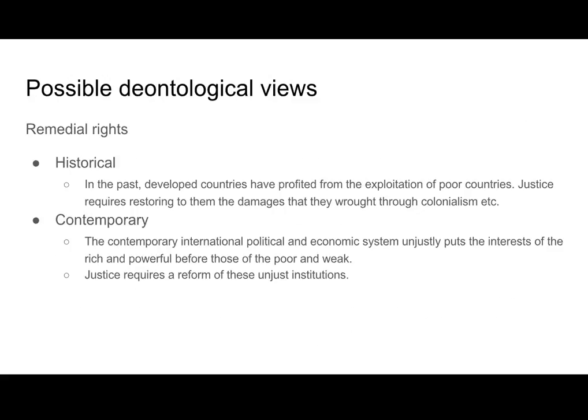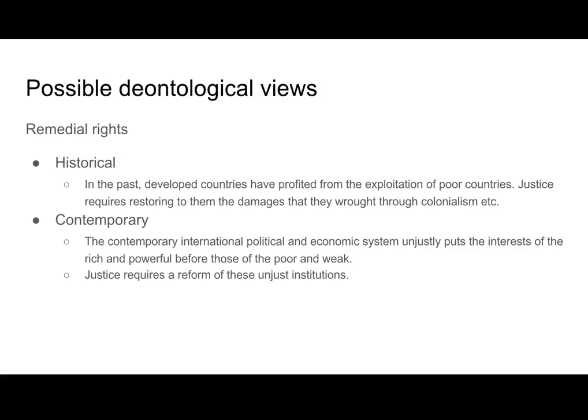Let's look at some possible deontological views here. We could approach these deontological views from the point of view of remedial rights. And note that these things aren't mutually exclusive. I'm just talking about different ways and different reasons we could advance for global distributive duties as a remedial right, or as a remedial duty, I guess.